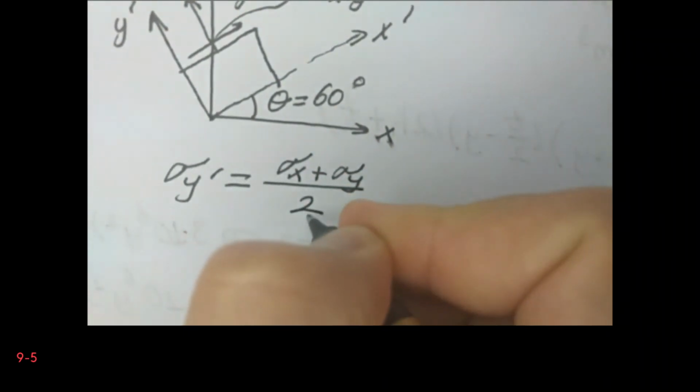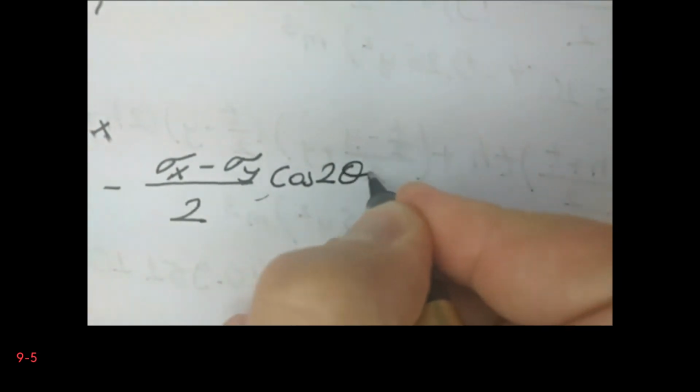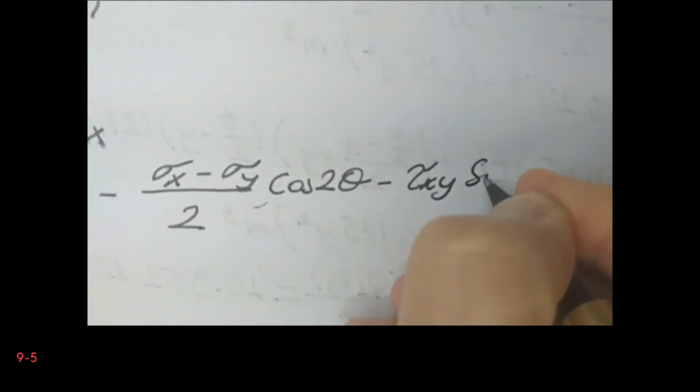Sigma y prime is sigma x plus sigma y divided by 2 minus sigma x minus sigma y divided by 2 multiplied by cosine 2 theta minus tau xy sine 2 theta.